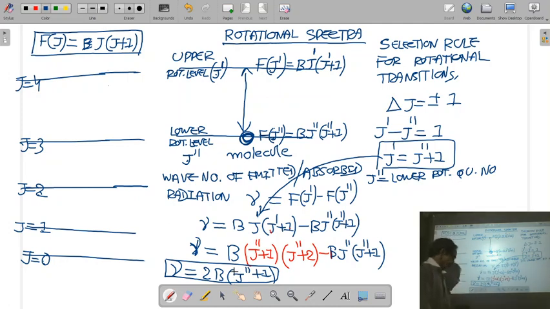Okay. Now we find out the wave number of rotational lines when a molecule makes a transition between two rotational levels.